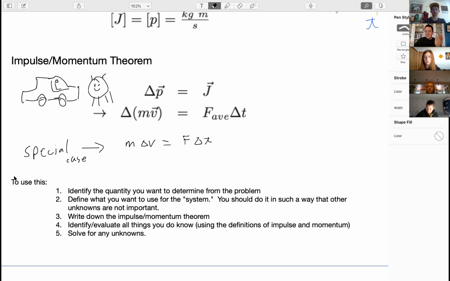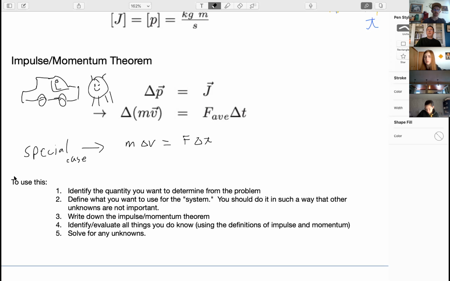And a corollary of that is that if there are other unknown numbers that you just don't have, you want to define the system in a way so that you don't need those numbers. I'll give you an example of that.